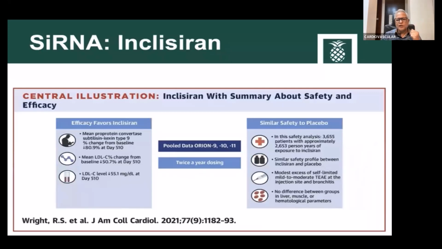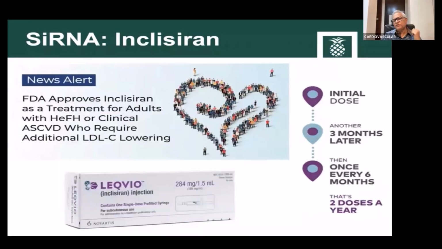So if we pull the data of ORION 9, 10, and 11, it clearly shows that it's a very beneficial drug, a remarkable new invention, an extraordinary drug, but expensive again.